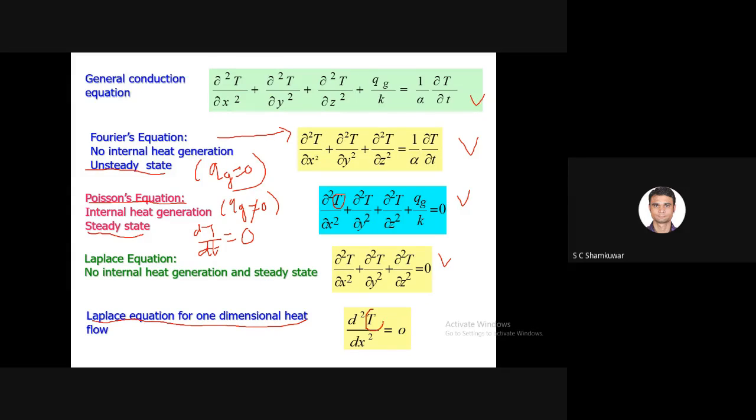So temperature is changing only with respect to x. Whenever any quantity changes with respect to only one variable, it is a complete derivative. So instead of partial, we are using complete or absolute derivative. Understood?